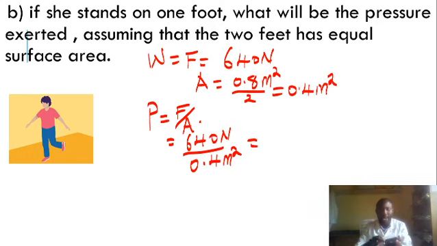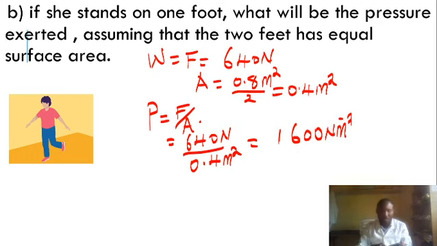So instead of 80, I expect to have 160. This is incredible. 640 divided by 0.4. So 1,600 Newton per meter square.